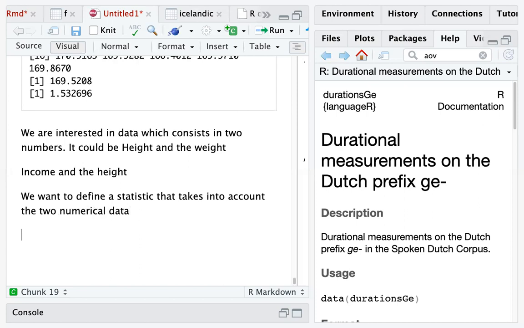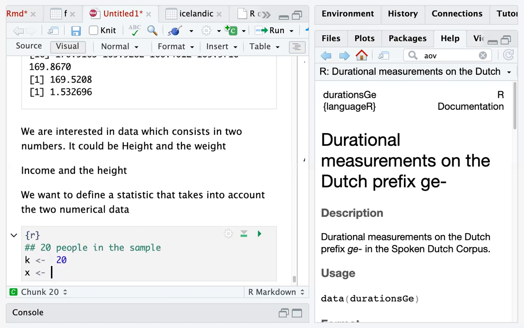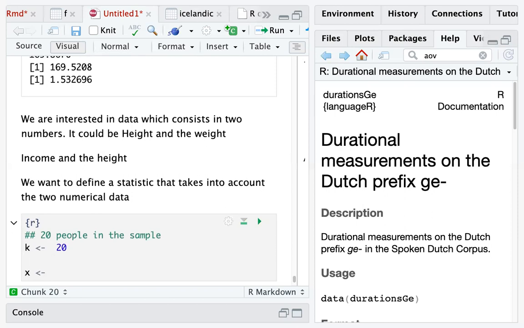For instance, let's do an example. We have a variable x which we measure. We have, for instance, 20 people in the sample, so k is equal to 20. And we measure two numerical variables for each person.